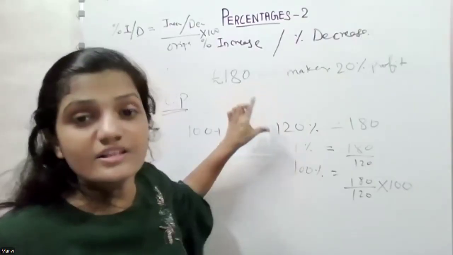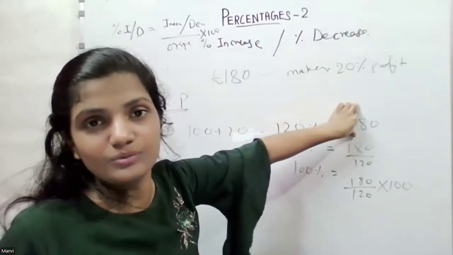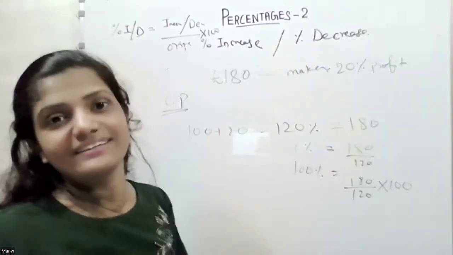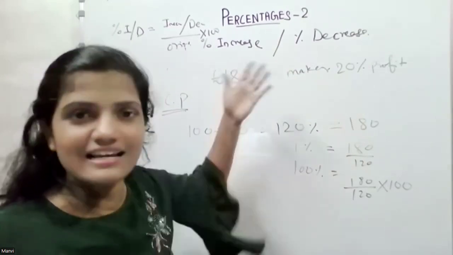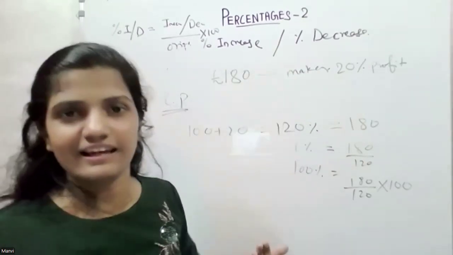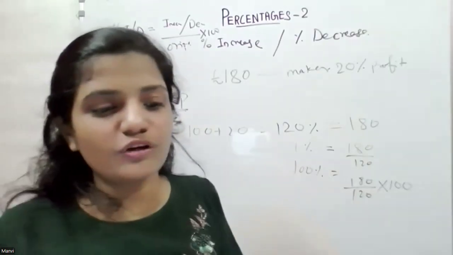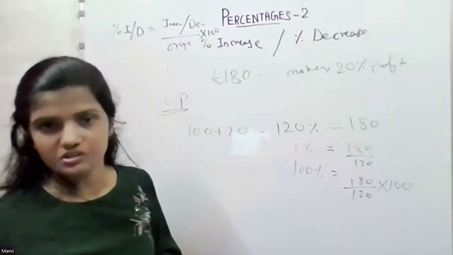That means this 120% equals 180 pounds. That's how we are calculating this. It's not written anywhere in your sheet. They are not asking this way. You need to think this way. I want to give you one question. I want to see whether you are able to do this or not.